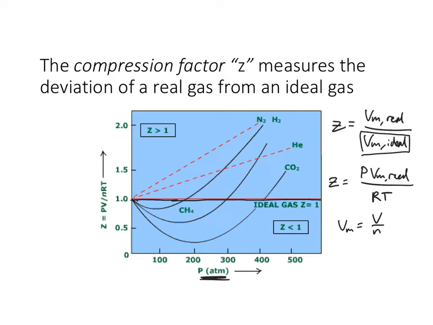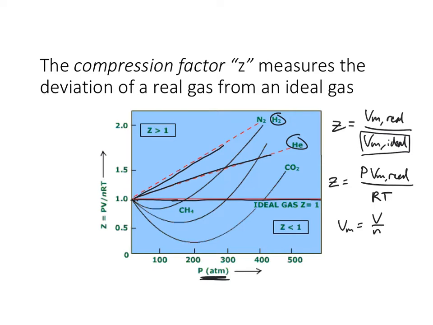But for other gases, we're going to have deviations in terms of our compression factor. A couple of the situations that we encounter are, if you consider the hydrogen gas and the helium gas on this plot, they always have compression factors that are higher than that ideal gas line.